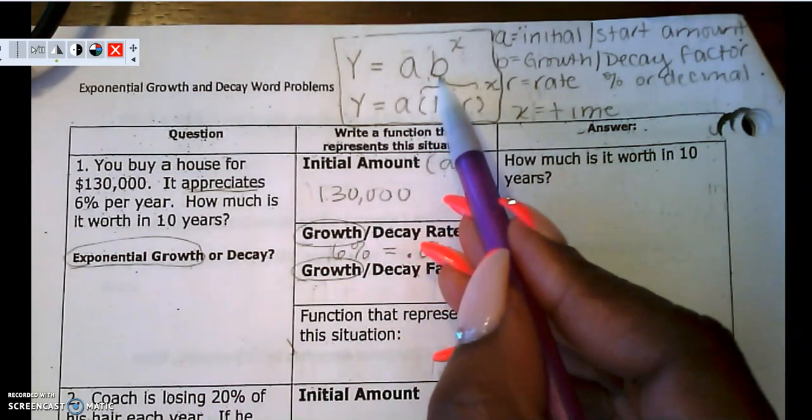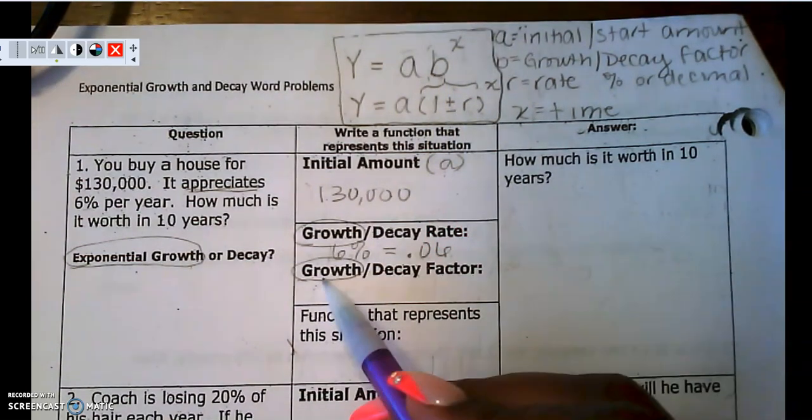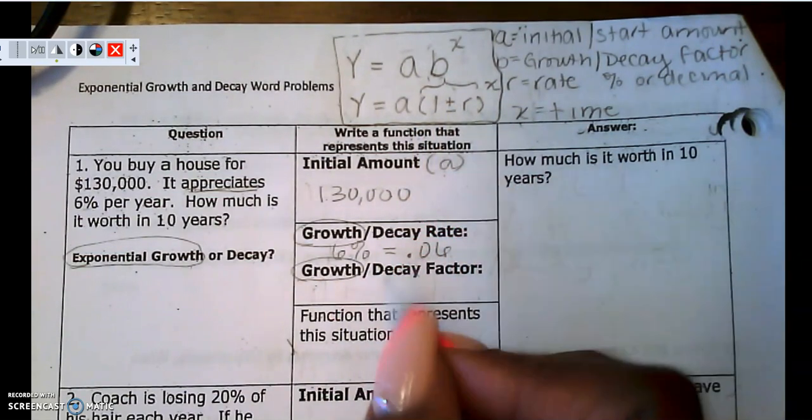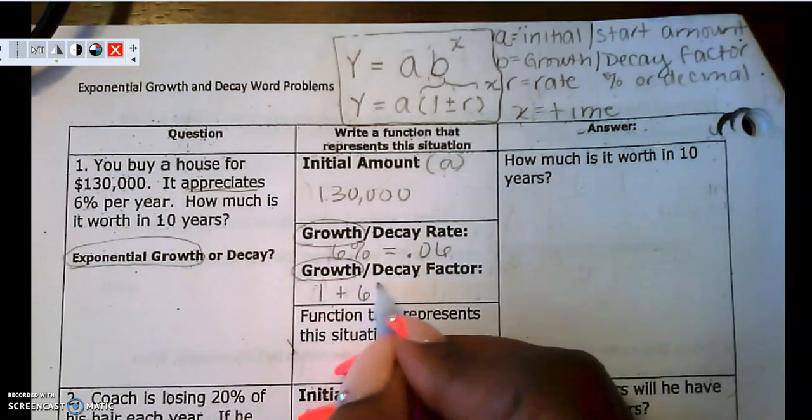The factor is our b, so it's either going to be 1 plus or minus r. Because we're dealing with a growth, that means we're going to be doing 1 plus our rate. So we have 1 plus our rate, which we just said was 6%.